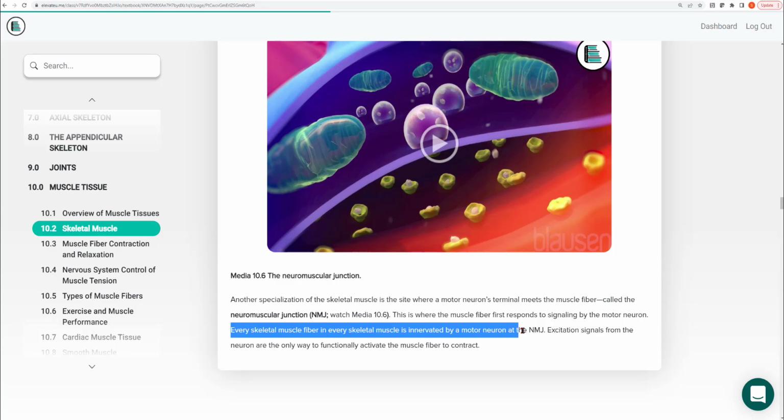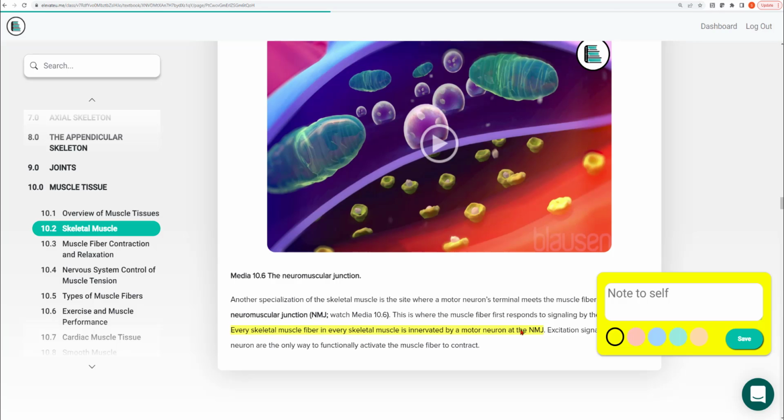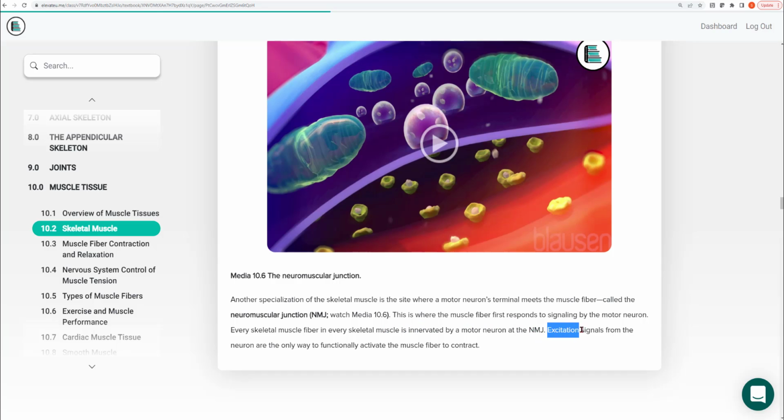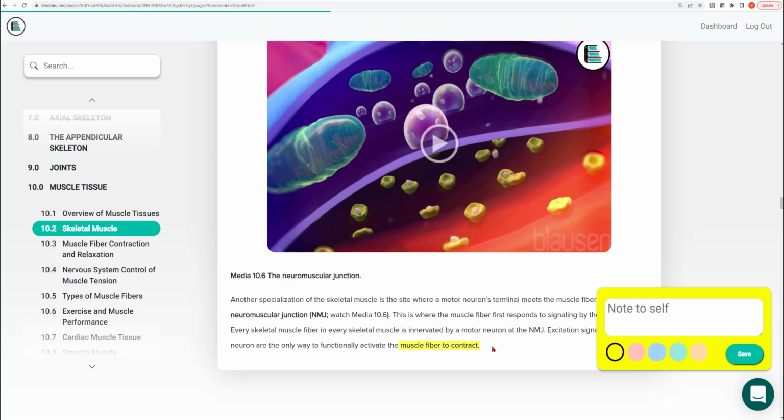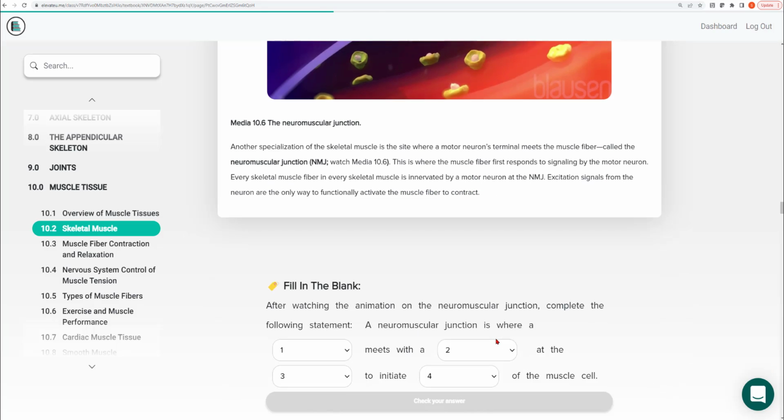That's a nerve cell at the neuromuscular junction. When your nerves send an electrical signal, the muscle gets excited, and when muscles get excited, they contract. So that's just a basic overview of skeletal muscle, and we are not going beyond this.